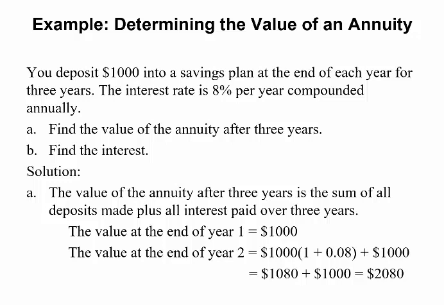So the value at the second year: you get the $1,000 that you deposited, plus the 8% interest on it. That after year one was worth $1,080. And then at the end of the year, you deposited another 1,000. So your annuity right now has $2,080.